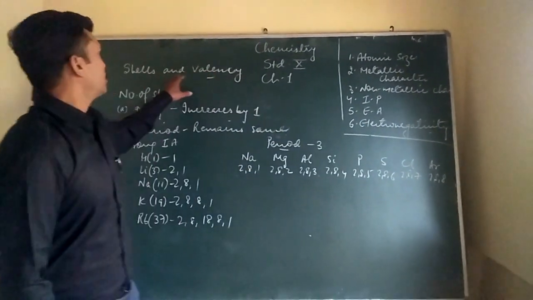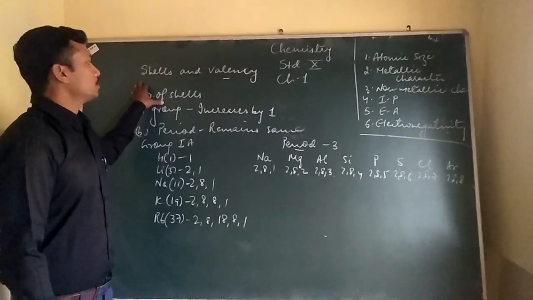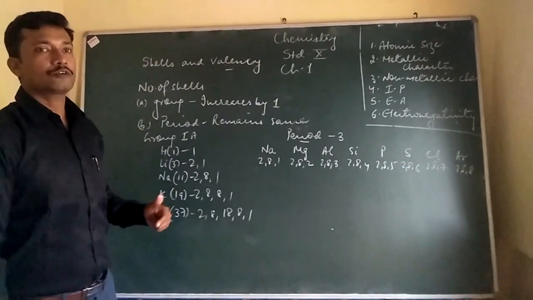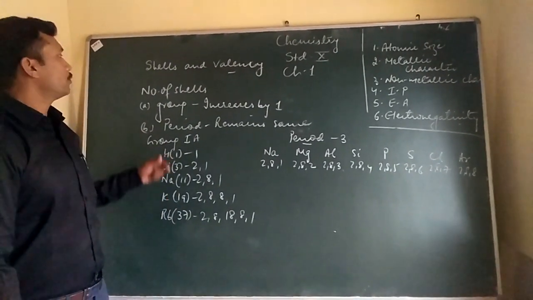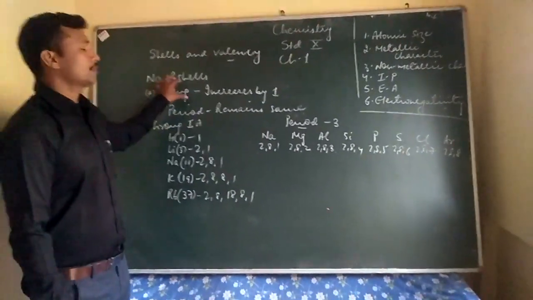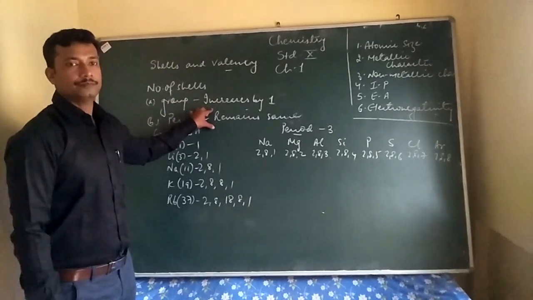So let us see about the number of shells. There are a number of orbits around the nucleus. These orbits are called shells. We can see how the number of shells varies on moving down the group and moving across the period.